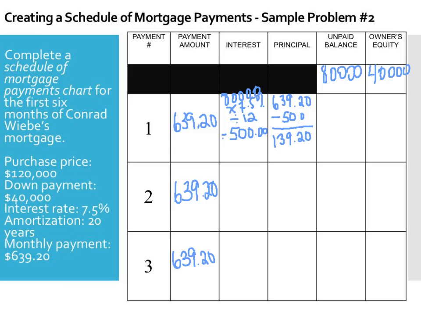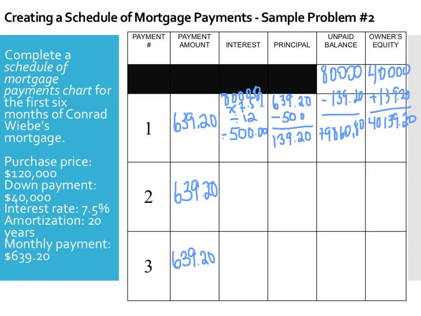For our new unpaid balance, we subtract that amount from the previous month: 80,000 minus 139.20 gives us 79,860.80. And for our owner's equity, we add 139.20 to give us 40,139.20.